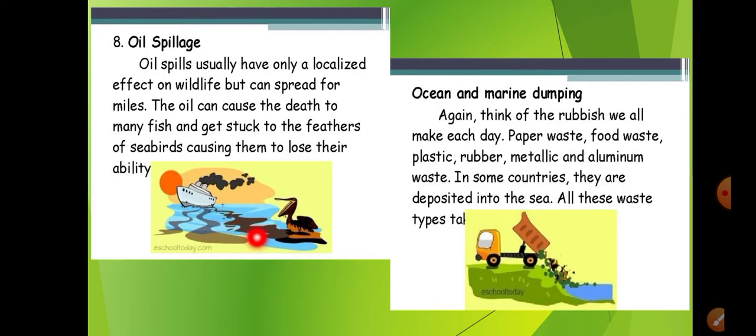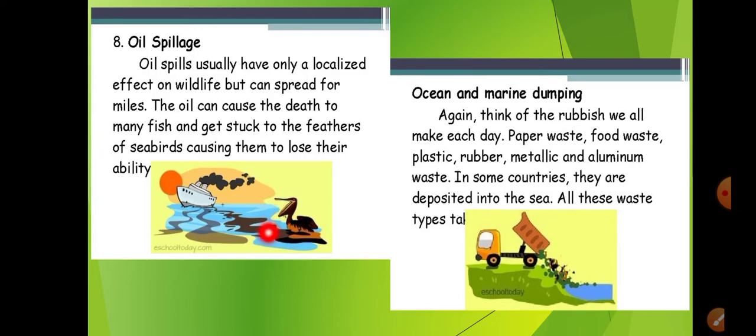So what happens in such a case? In the water body, the oil is floating on top. Because of that, the animals living underneath are unable to breathe, and they can die. The oil can cause the death of many fish, and it can also stick to feathers.